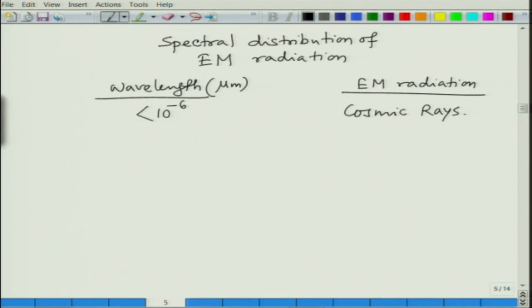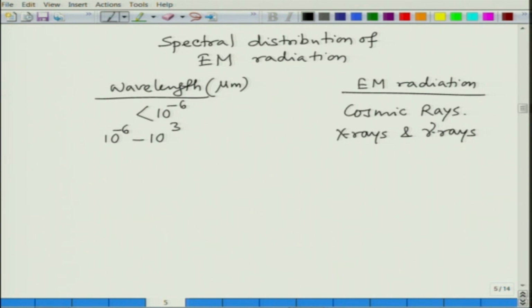Okay. Now, if we go to a little higher range, then we will get X rays and gamma rays. These are also known to you from your basic physics knowledge.